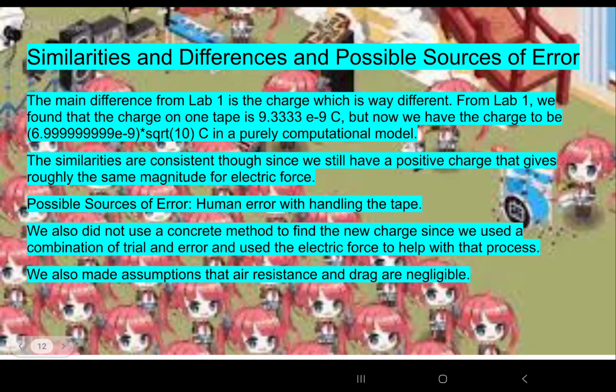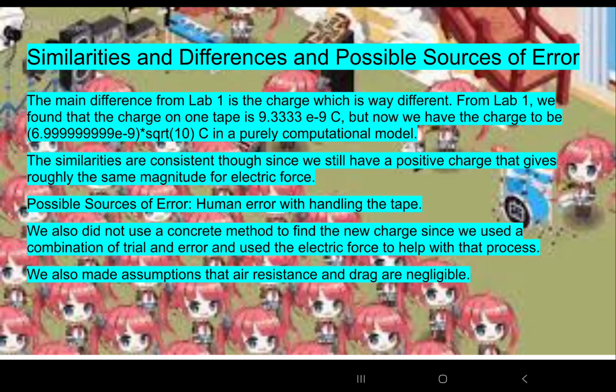The main difference that everyone can notice is that the charges are different from Lab 1 as opposed to this lab, since they have different constants multiplied by e to the negative 9 coulombs. But the similarities are still there, since they're both positive, and they have roughly similar magnitudes, since they're just constants multiplied by e to the negative 9.